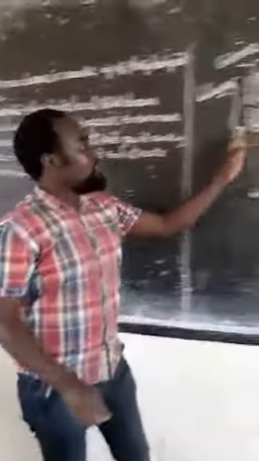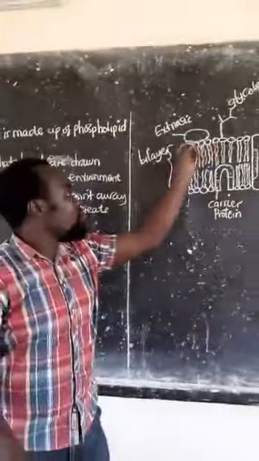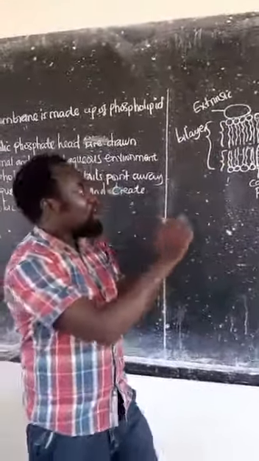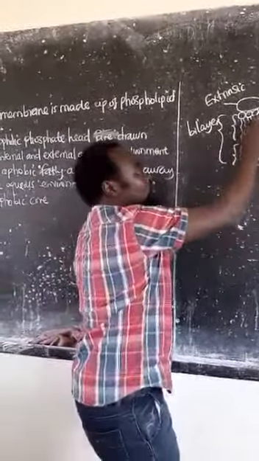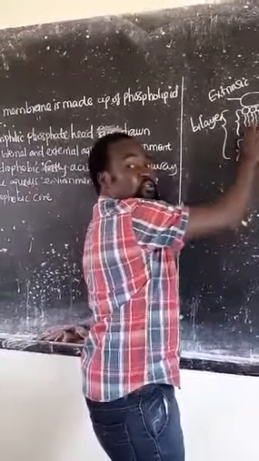You can see these tails of this layer and these ones are attracted together, and the whole of this here is what we call a hydrophobic core.